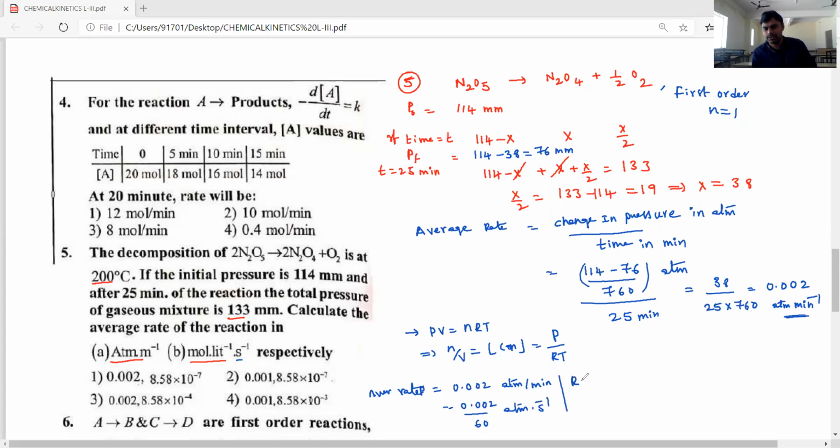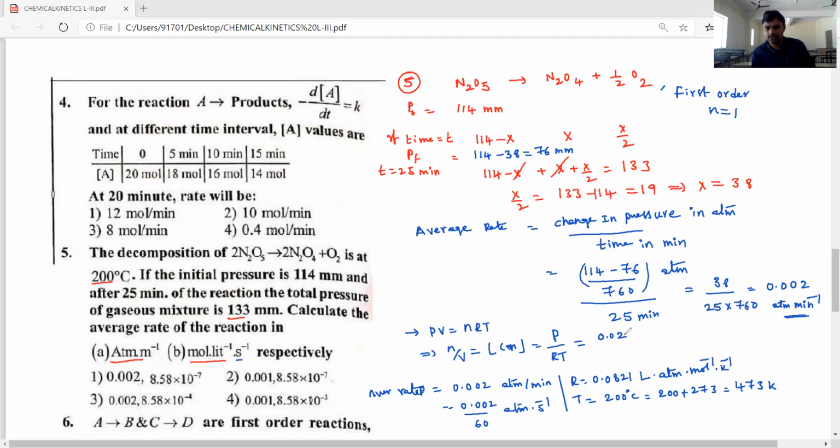The R value is 0.0821 liter atmosphere per mole per Kelvin. Then the temperature is 200 plus 273, which is equal to 473 kelvins.